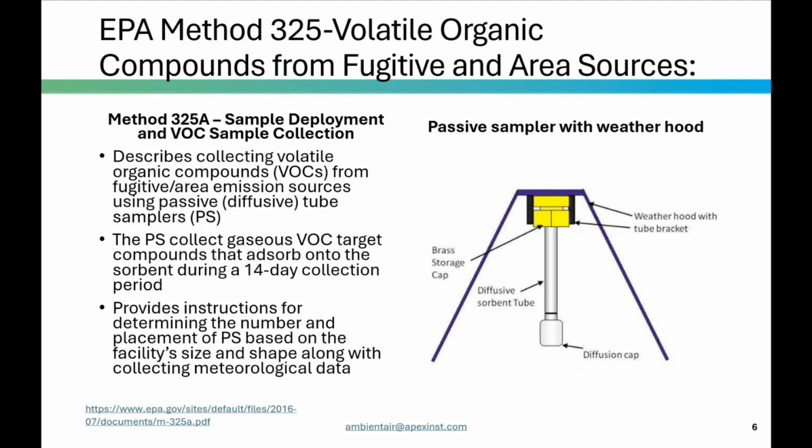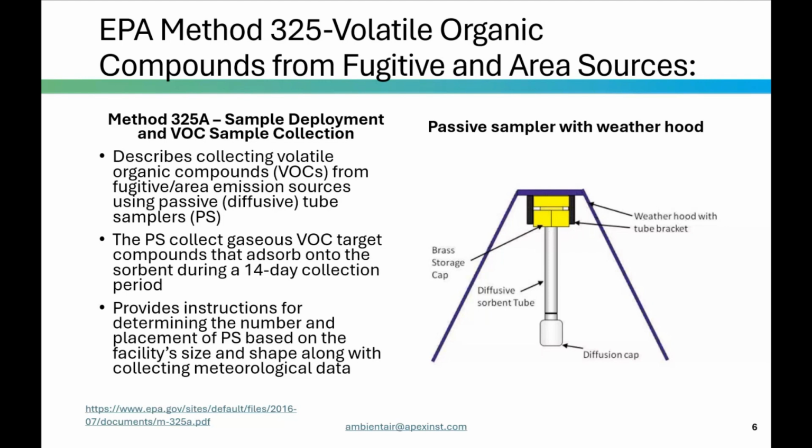It describes how to collect VOCs from fugitive or area emission sources using passive diffusive tube samplers. The schematic on the right shows a passive sampler in a sheltered weather hood. These passive samplers collect VOCs that passively adsorb onto sorbent materials within the tube over 14 days.